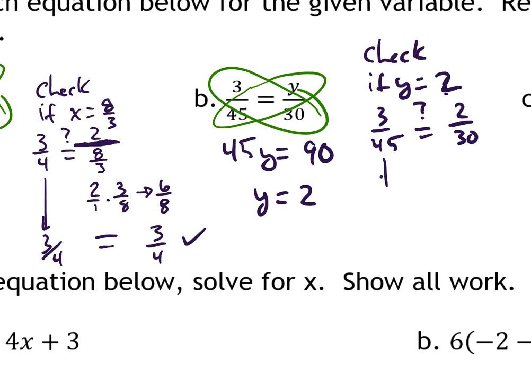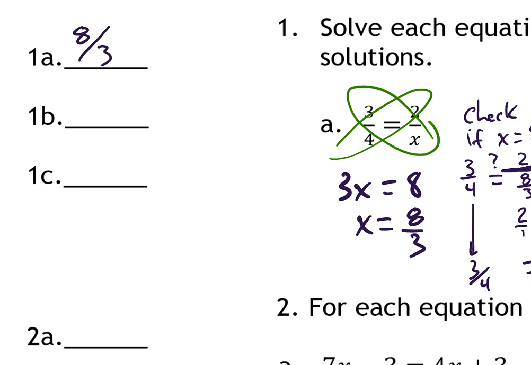Well, on this first one, both of those can be divided by 3. 3 divided by 3 is 1, and 45 divided by 3 is 15. And on this one, there's a common factor of 2. If I divide both the numerator and denominator by 2, I get 1/15. These are indeed equal to each other. So y is 2 is my answer for B.